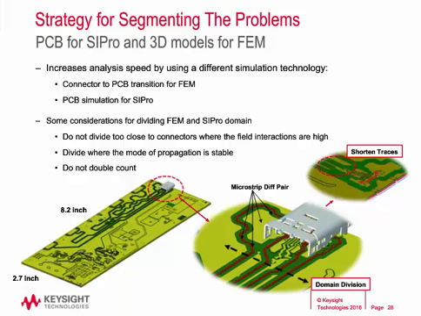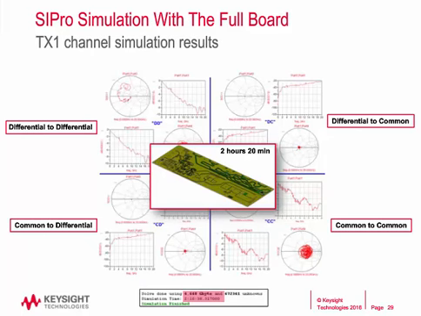In order to get this simulation complete, it took around 2 hours, 20 minutes. The channel for the data shown is basically the TX1 channel. As you know, there are basically two channels for USB 3.1, TX1 and TX2. The result here is based on the TX1 channel data.